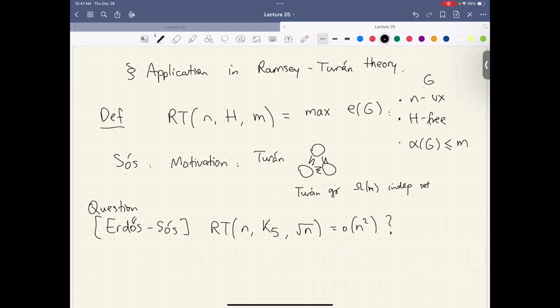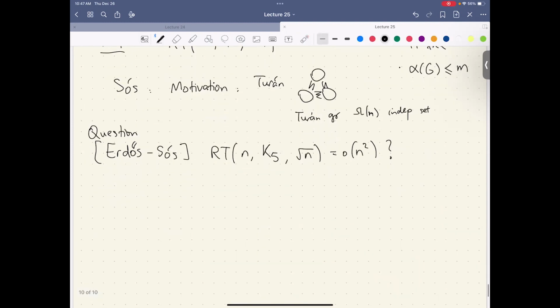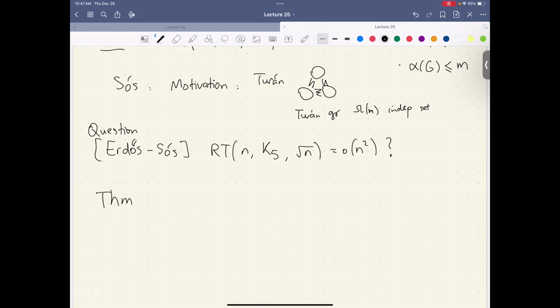This was confirmed in a stronger sense by Balogh, Lenz, and Simonovits, about 10 years ago.